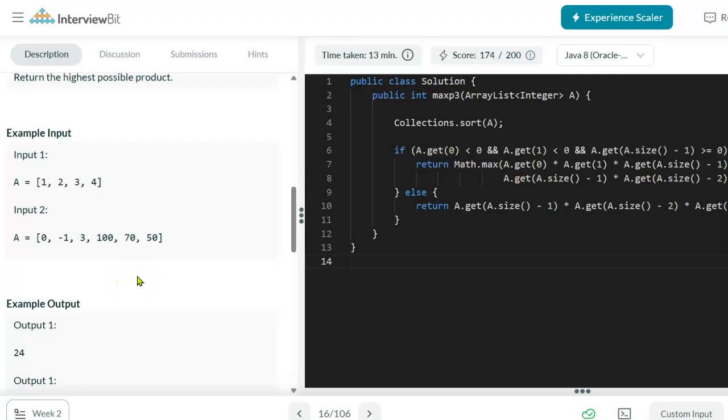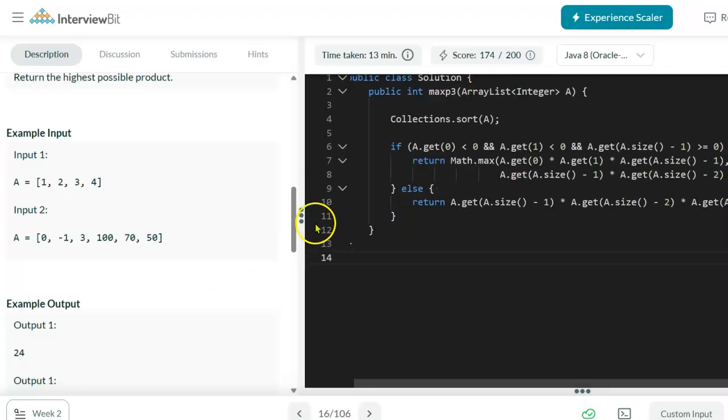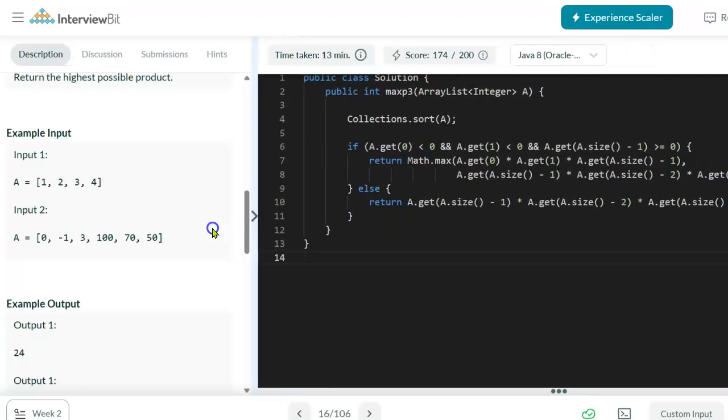So that brings up a couple of possibilities. One is that there are at least 2 negative numbers in the list. Let's look at it this way.